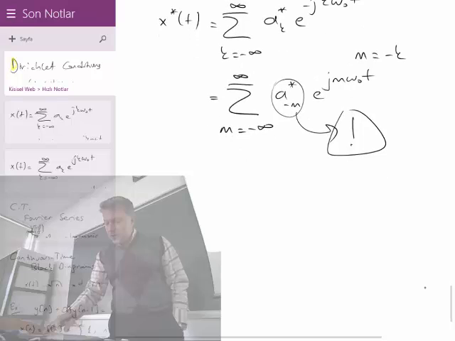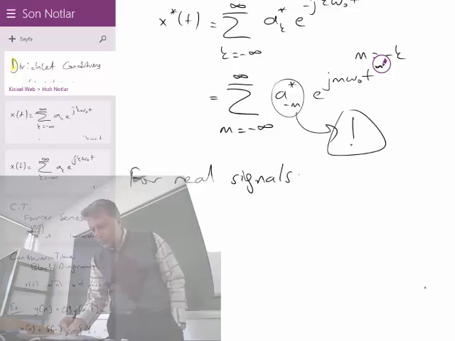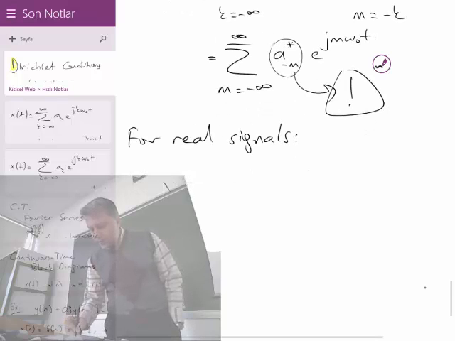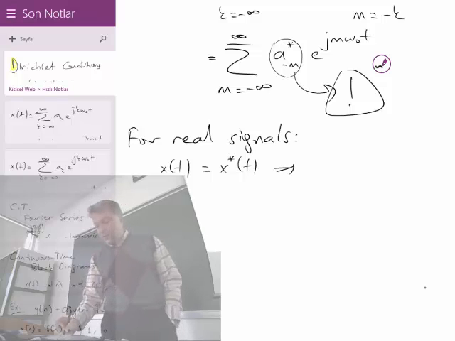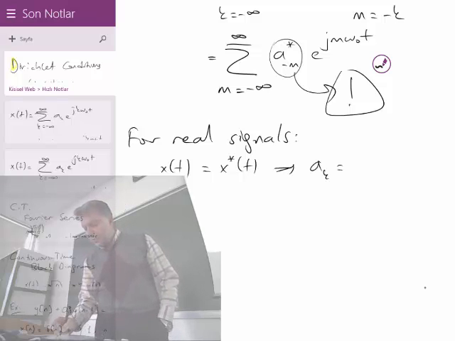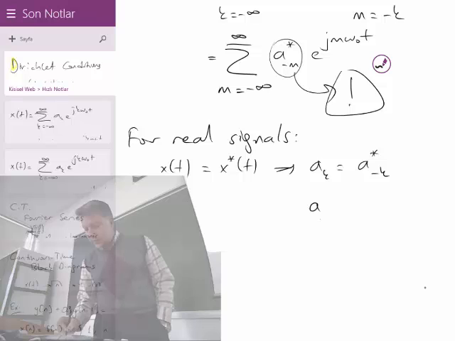We can write it, if you wish, for real signals. We have x of t is equal to x conjugate of t. Therefore, a k is equal to a conjugate of minus k. Or, you can write it like this. A minus k is a conjugate of k.